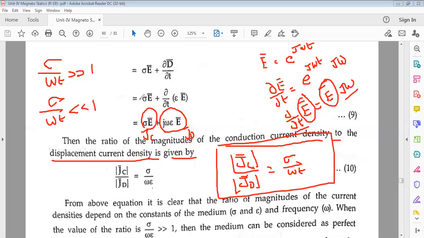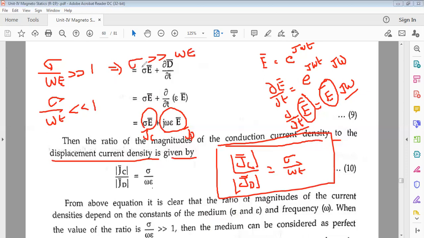This tells us which one is a perfect dielectric and which one is a perfect conductor. Sigma is the conductivity and epsilon is the dielectric. The first condition says that σ is very much greater than ωε, cross multiplying here.